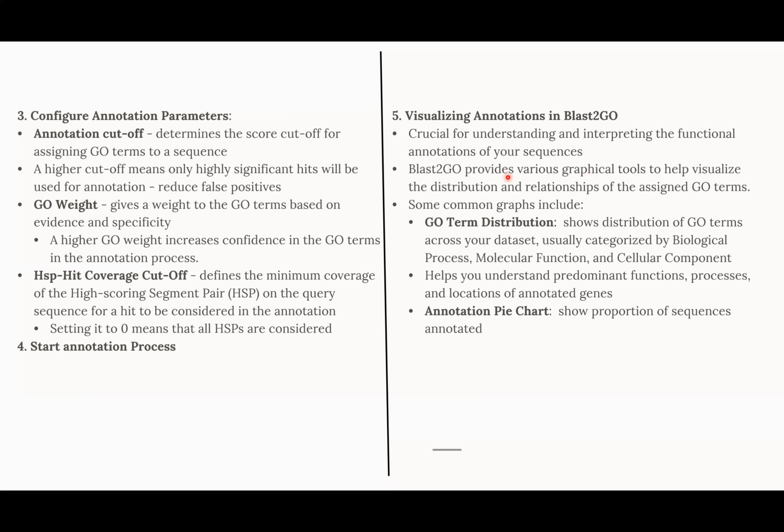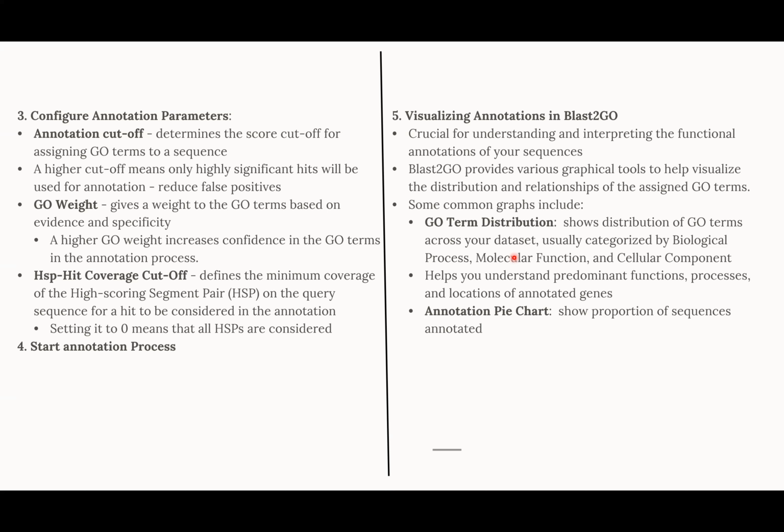For this, Blast2Go will provide you with graphs or graphical tools that will help you visualize the distribution and relationships that it has obtained for you. Some common graphs that Blast2Go will display are the GO term distribution graph and the annotation pie chart. The first one shows you the distribution of GO terms within your database.